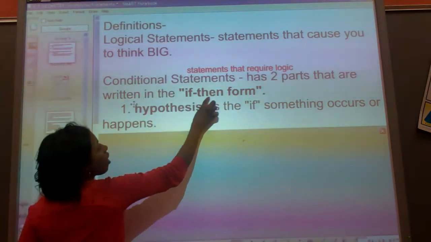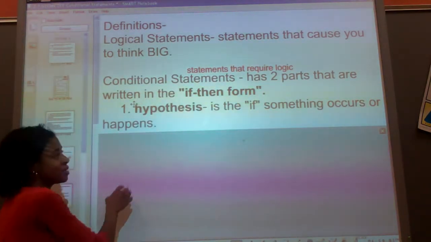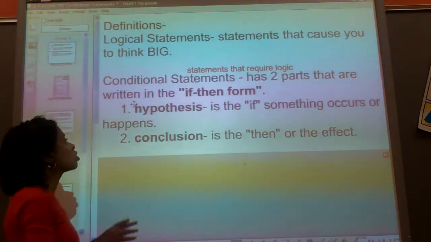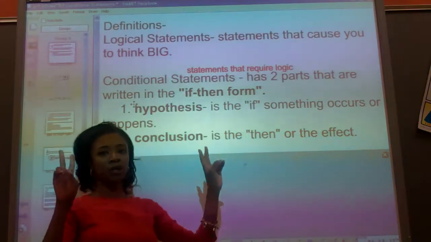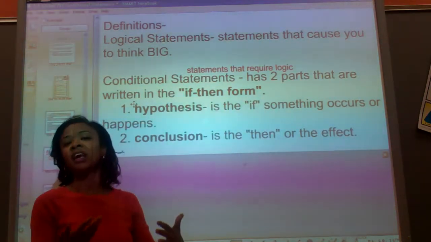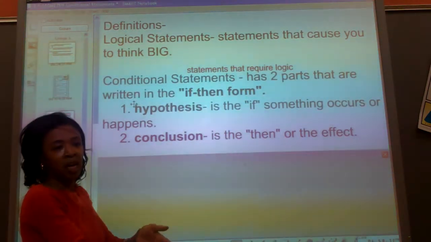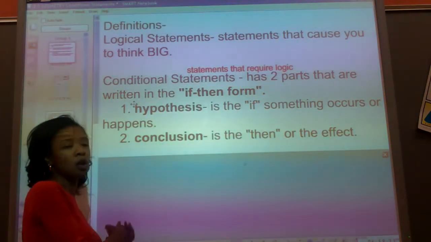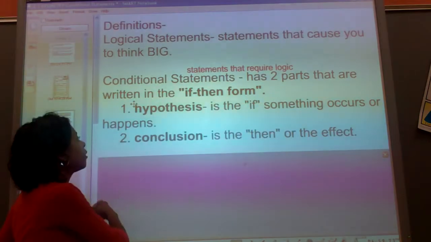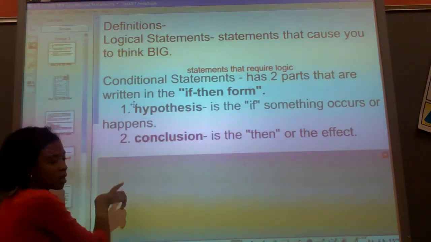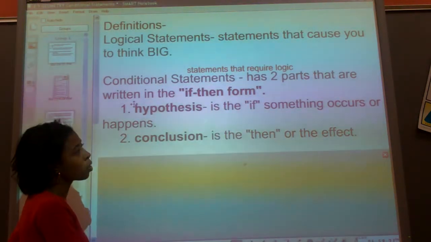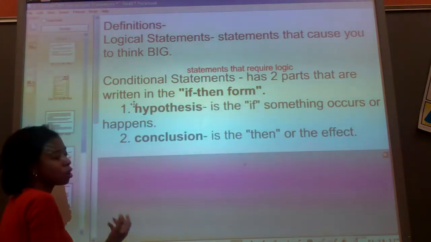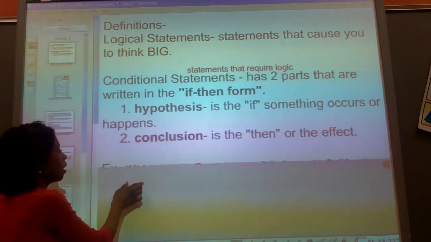The second part on a conditional statement is the then portion, or the conclusion. So the conclusion is the part that we consider then. An effect happens. If you do this, then that will happen. If you do not do your homework, then you may get a lower score. If and then: the hypothesis, if something happens, if you don't do your homework, then the conclusion, the effect of not doing your homework, low score or no score.